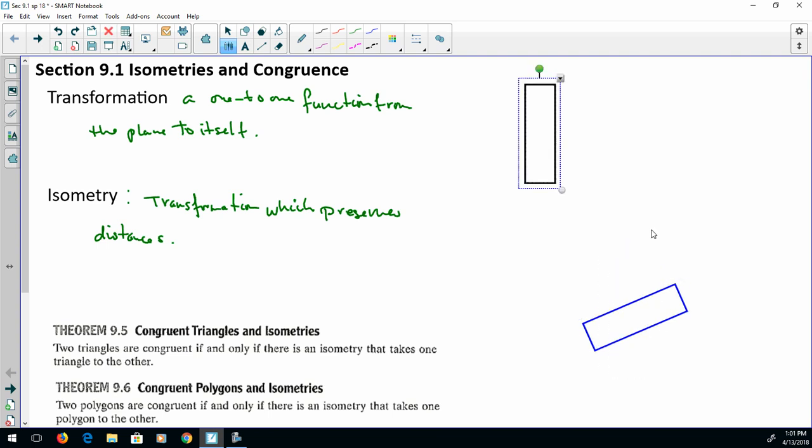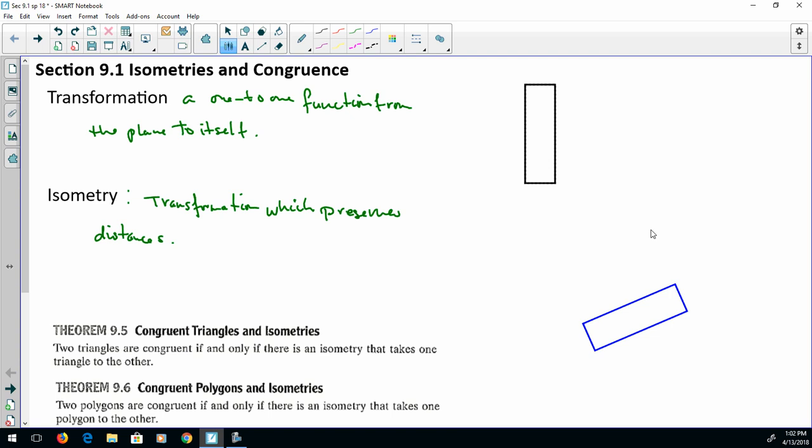Now, some geometry courses are done exclusively in terms of transformations and isometries. I've taught courses like that other places. They're pretty good classes. But what you do when you start looking at congruences is you actually define your congruences in terms of isometries. Now, our book doesn't do things that way, but if you skip on over to page 488, they have theorem 9.5 and 9.6, which would serve as definitions if you did the course in terms of isometries.